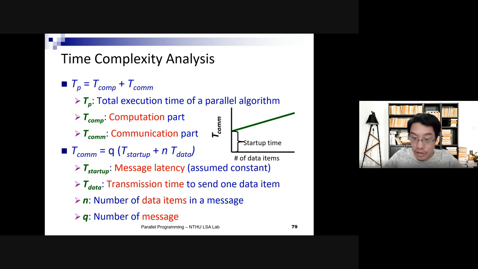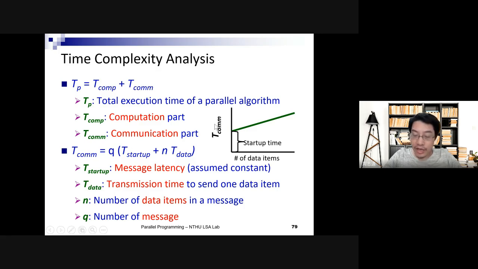And for each message, you need to pay a constant initialization time delay and the data transfer time, which depends on the network bandwidth and the amount of data items or size you need to transfer. Right. So of course, t_startup and t_data are all given. You only need to count the number of messages and the number of data items in each message to analyze your communication time.